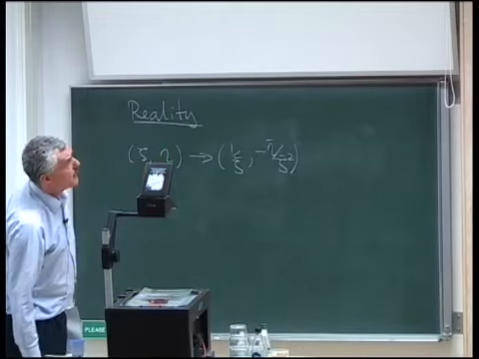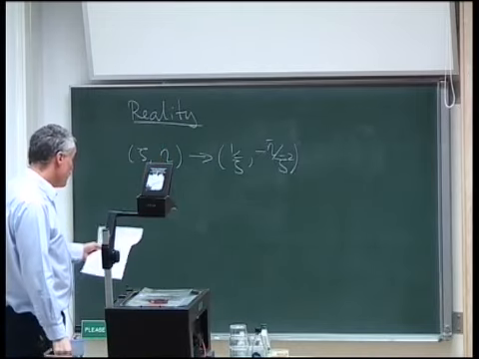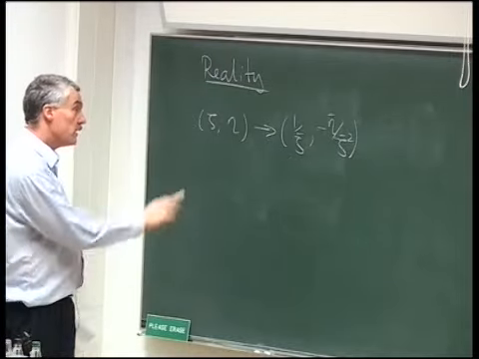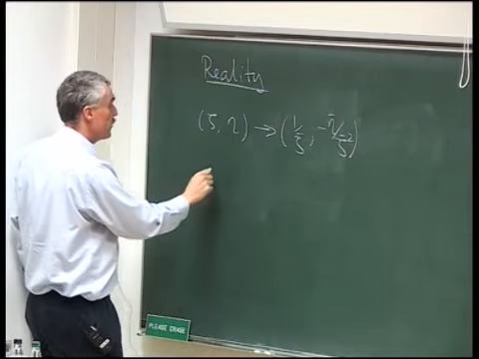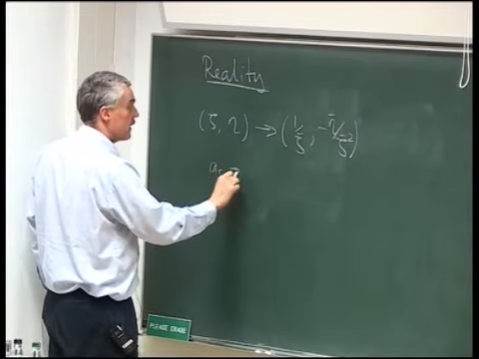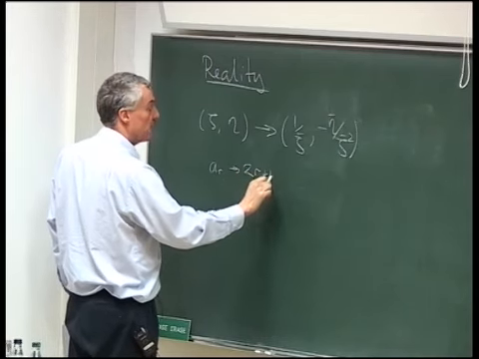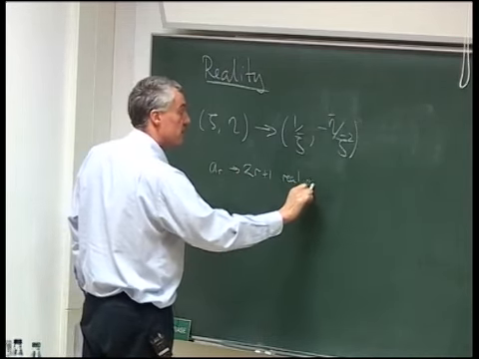Similarly, for the sigma model that we have here, if you look at what this means for the coefficients, this will mean that A_R is expressible in terms of 2R plus 1 real coefficients.